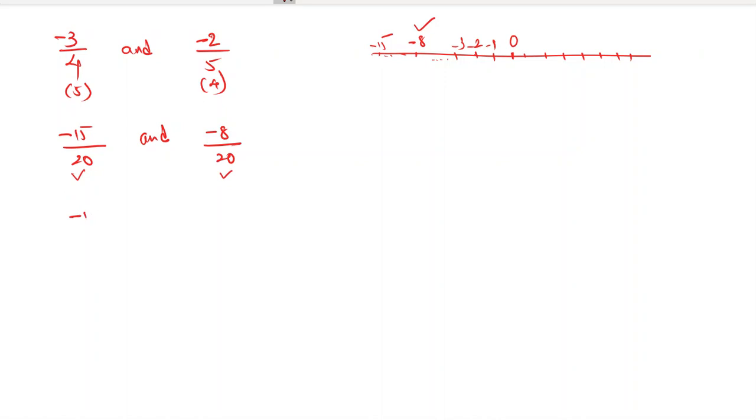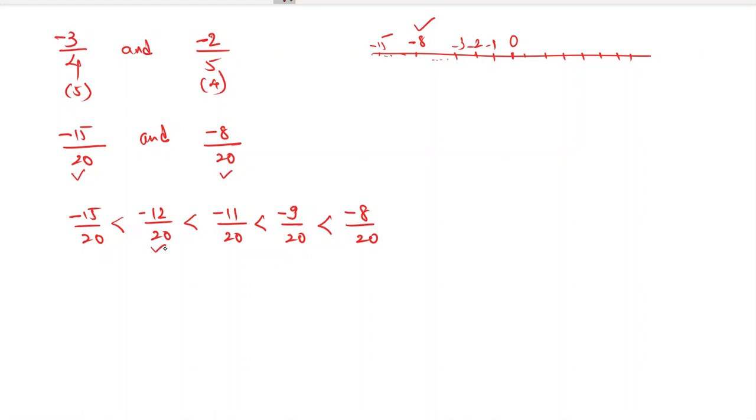Okay, so easy. Minus 15 by 20 is smaller than minus 12 by 20, smaller than minus 11 by 20, smaller than minus 9 by 20, smaller than minus 8 by 20. Done. Right?